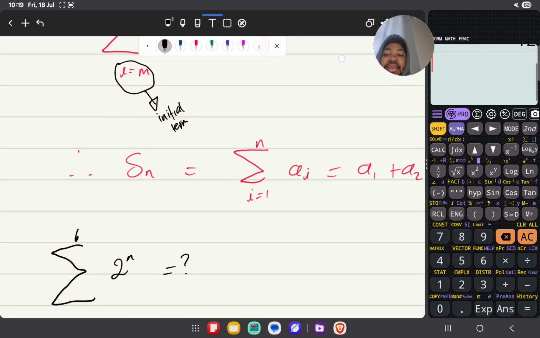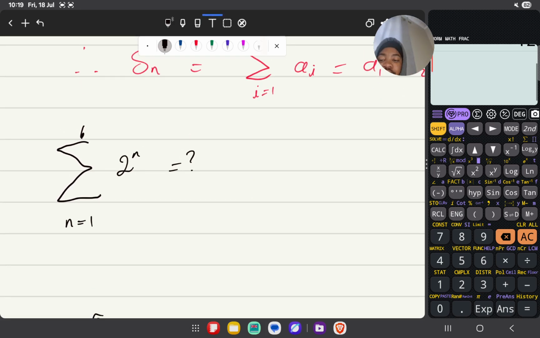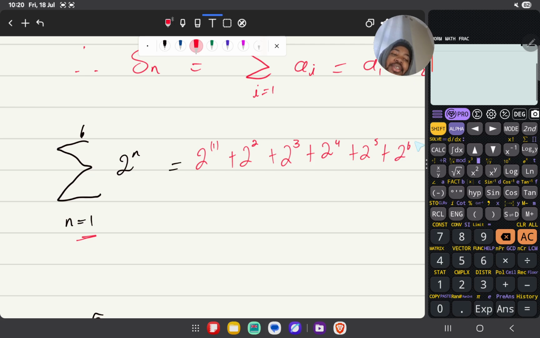We have a good example here. We're going to add from n equals 1 to n equals 6. So when we substitute, we are adding 2 to the power of 1 plus 2 to the power of 2 plus 2 to the power of 3 plus 2 to the power of 4 plus 2 to the power of 5 plus 2 to the power of 6.